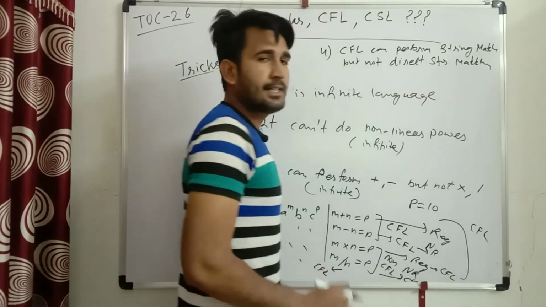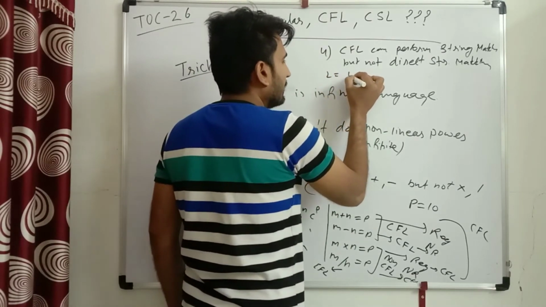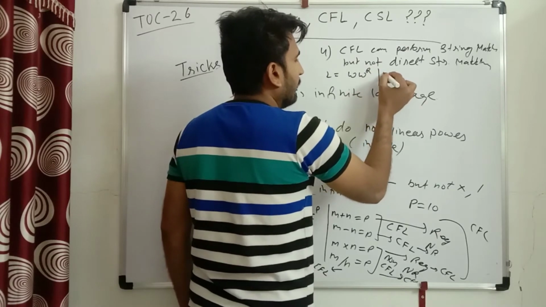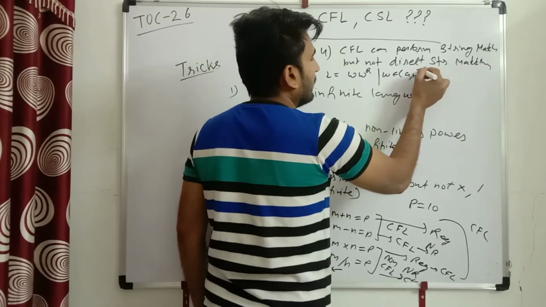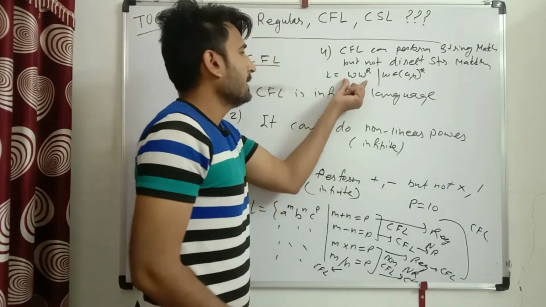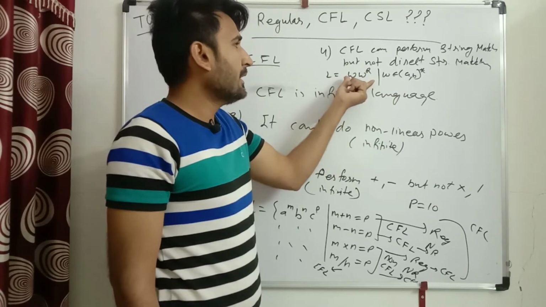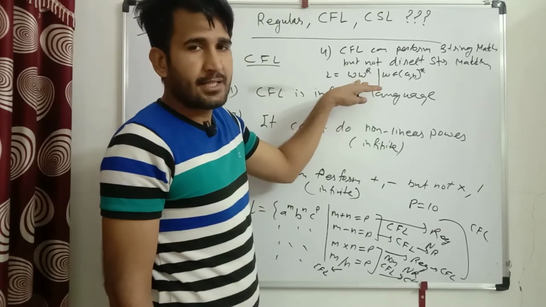What is the meaning of direct string matching? Let's consider an example: W W^R, where W belongs to {a, b}*. This is the language. It is infinite and it is a CFL. It can perform string matching. This is a simple string matching.